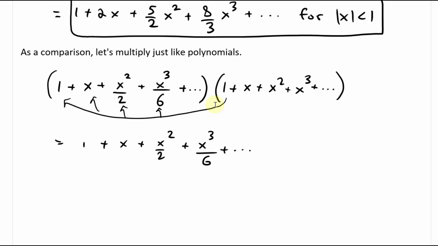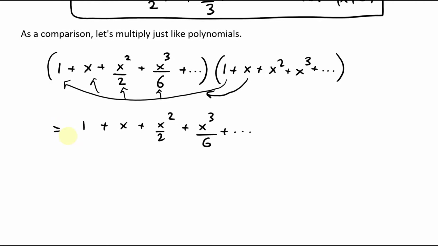Then the next one, we're going to multiply the x on every single one. x times 1 is just x, so that's going to be plus x, like that. And then next one's going to be x times x is x squared, plus x squared. Next one's going to be x times x squared over 2, x cubed over 2. Dot, dot, dot.